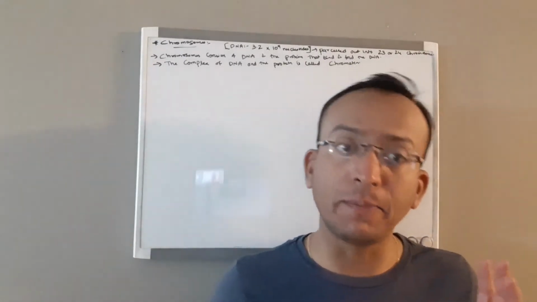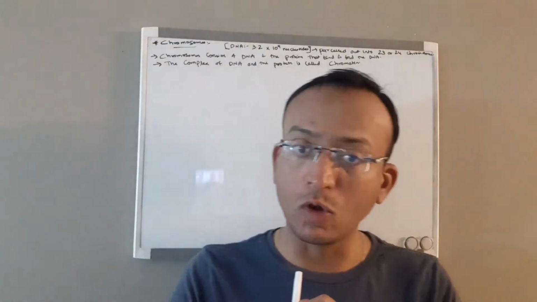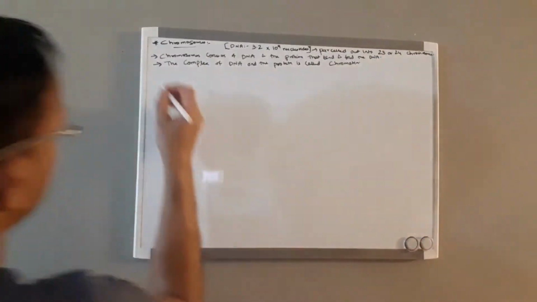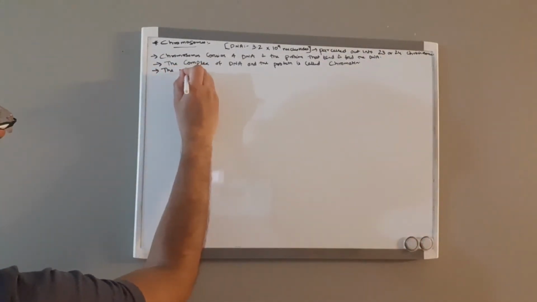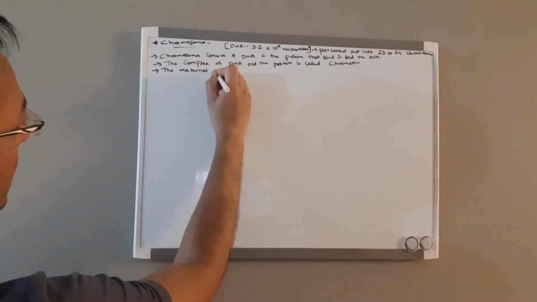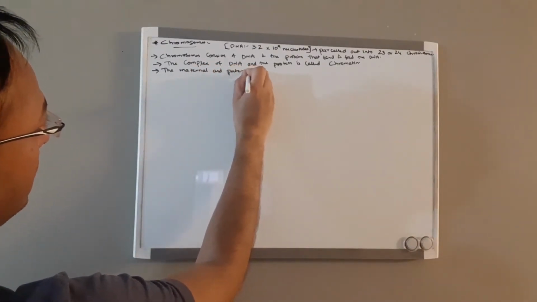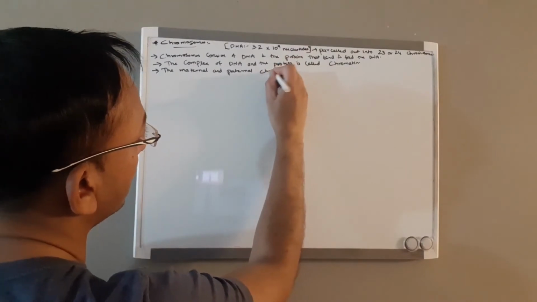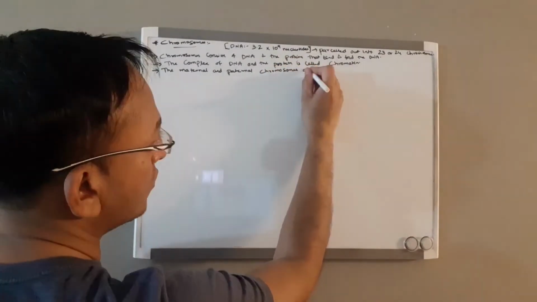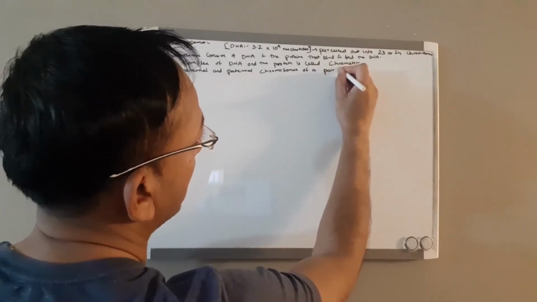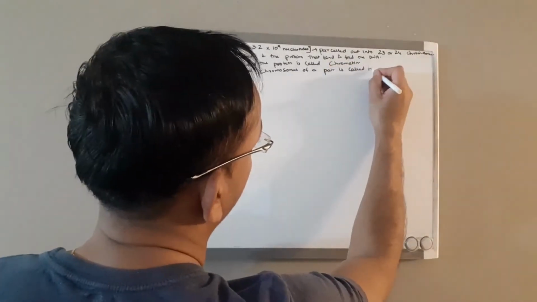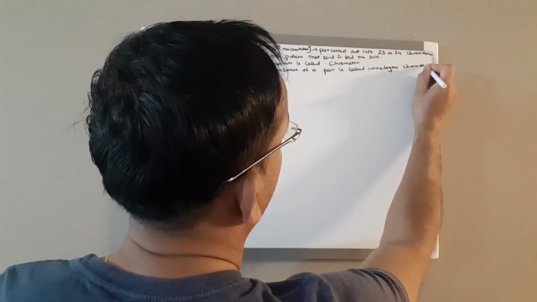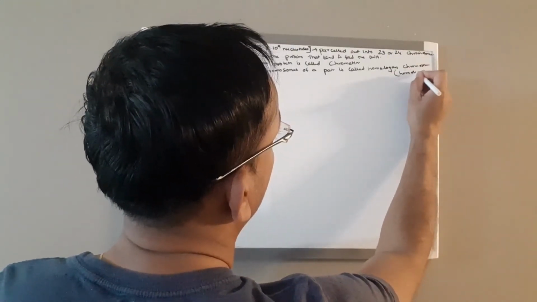So the maternal and the paternal chromosomes of a pair are called homologous chromosomes, also known as homologs.